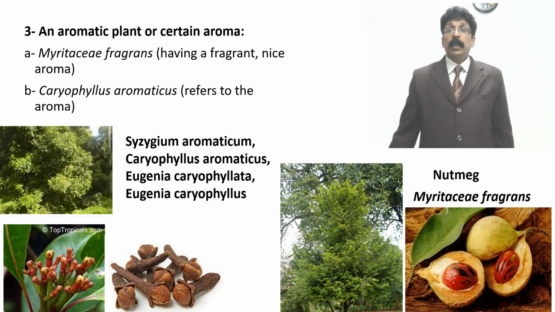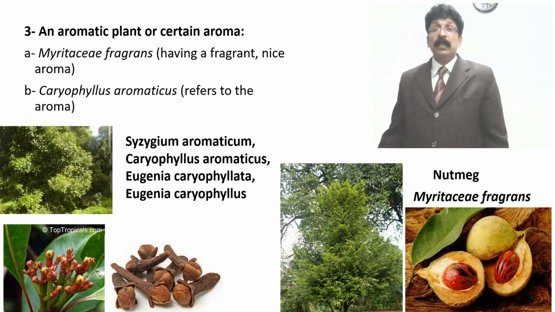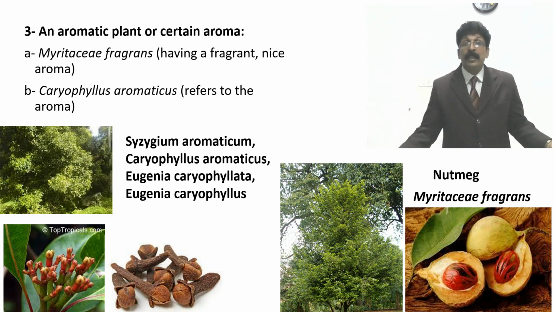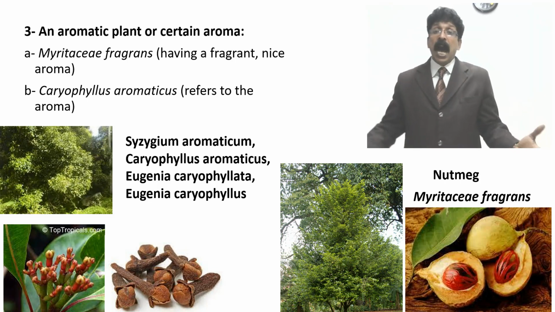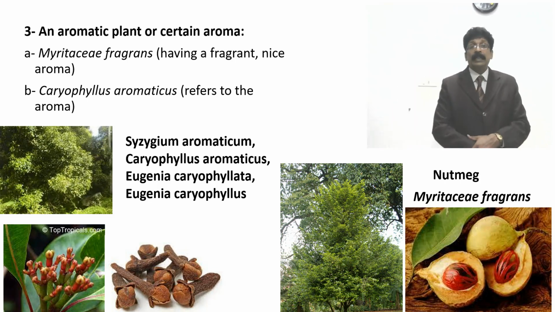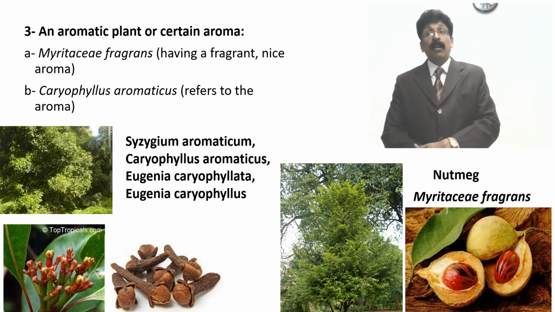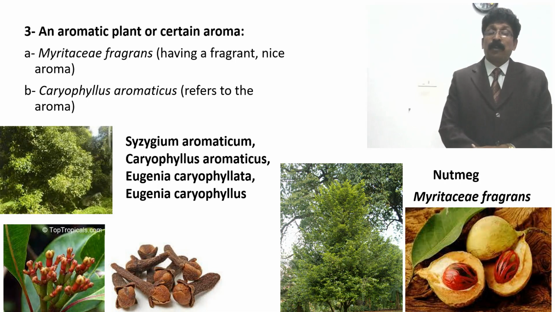In other books sometimes they may write Syzygium aromaticum, Caryophyllus aromaticus, Eugenia caryophyllata, Eugenia caryophyllus. These are all the botanical synonyms for clove, which we commonly use for various ailments.